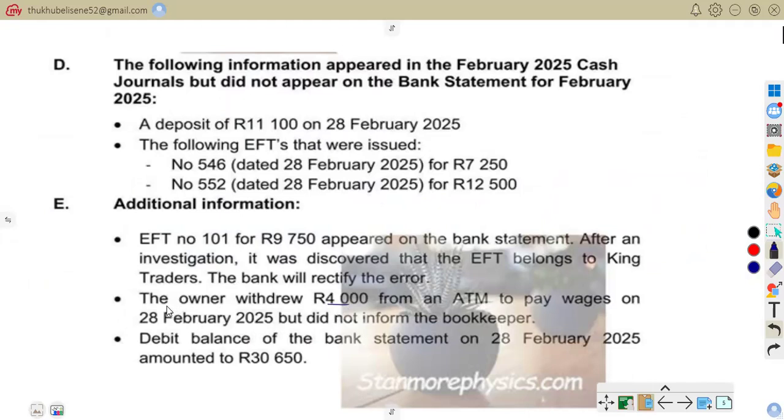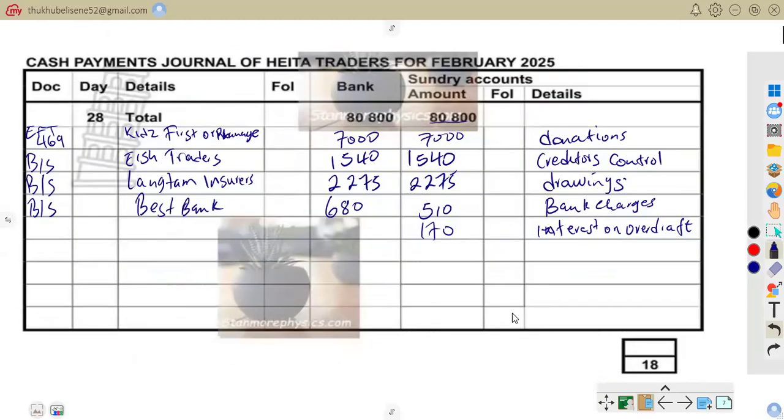As it says, the owner withdrew 4,000 from an ATM to pay wages on the 28th February 2025, but did not inform the bookkeeper. So we are to add that 4,000 because it was not recorded in the books. We withdrew the money to pay wages. So it's a cash payment journal.